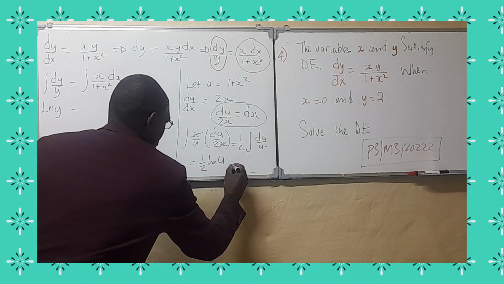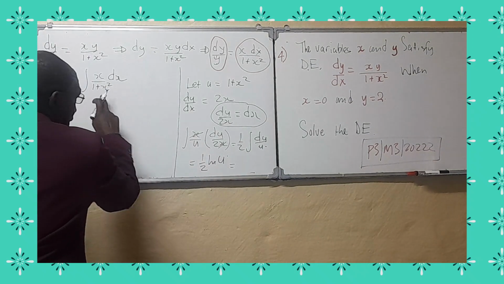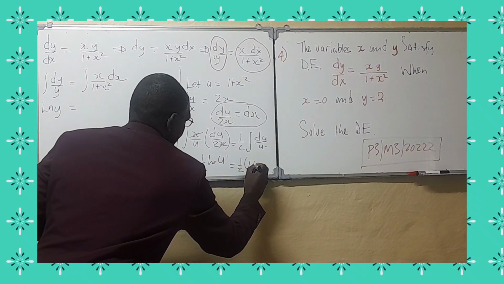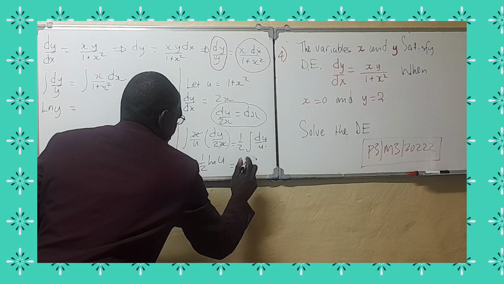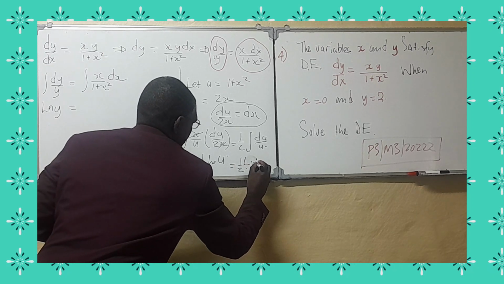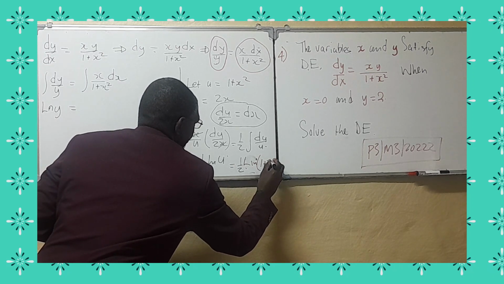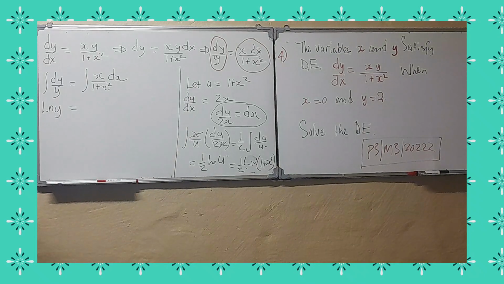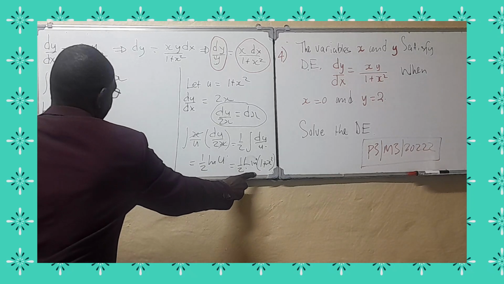Now we know that u is equal to 1 plus x squared. So this becomes half of ln, 1 plus x squared in brackets. I hope this is clear from where you are. Okay, so this is now our integral.